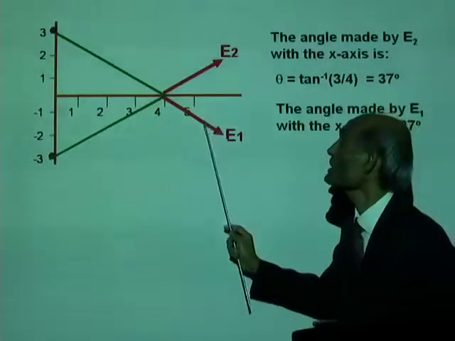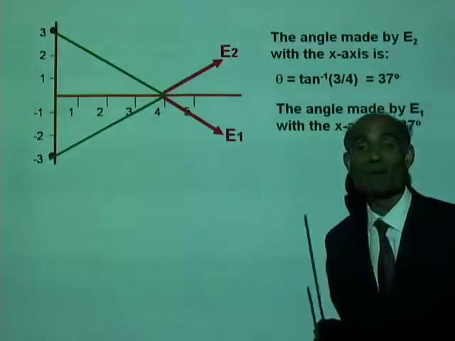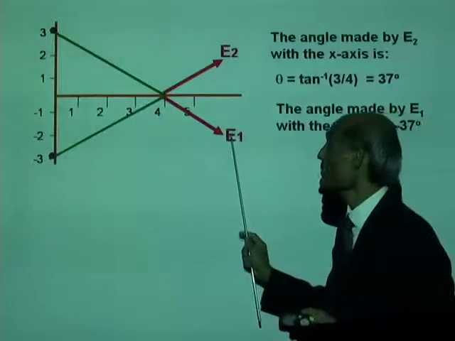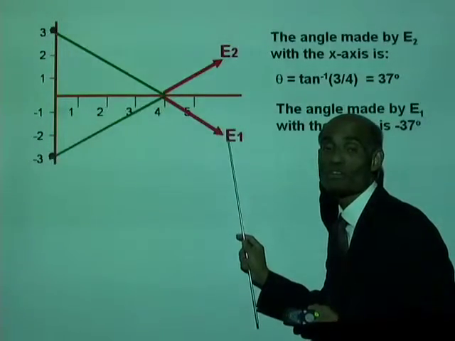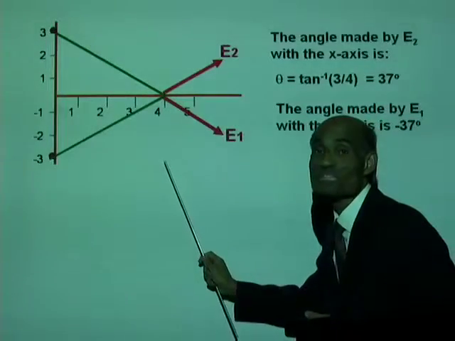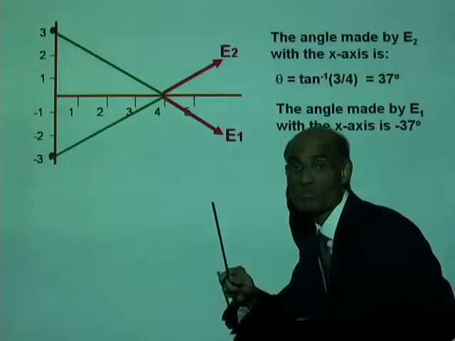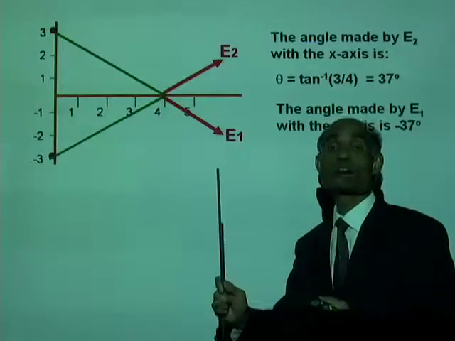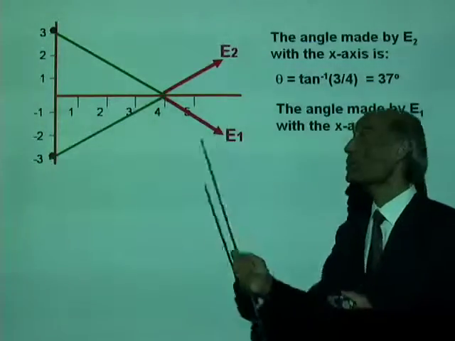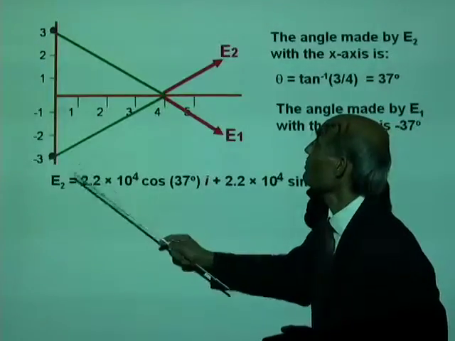Can you now write each of these vectors in the x and y component form? Well, once you know the angle, this E1 will be equal to its magnitude times cos of angle theta, that is the x component, and the magnitude times sine of the angle will be the y component. So let's start with E2.